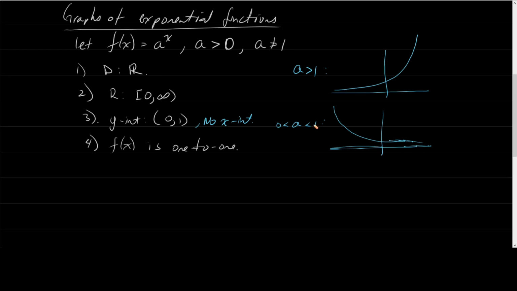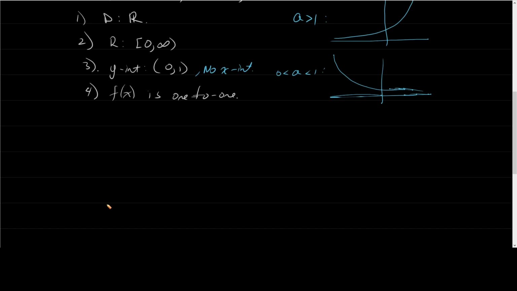Now, let's think about what a being between 0 and 1 means. It would be a fraction. So consider a being equal to some fraction, for example, 1/2. Then a to the x would be 1/2 to the x. But 1/2 is really 2 to the negative 1, so it would be 2 to the negative x.